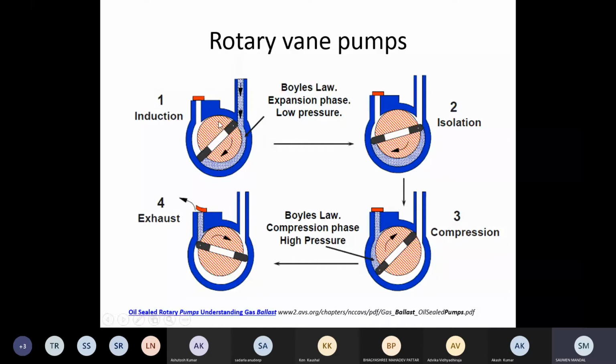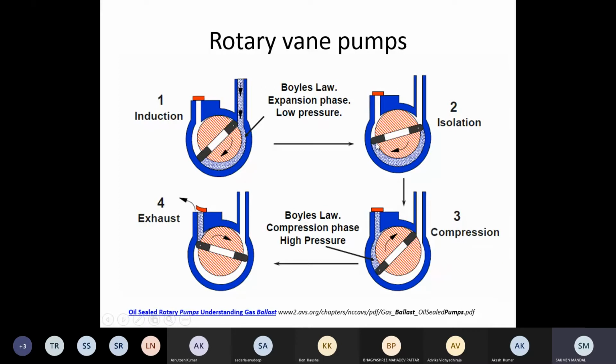When it's moving, this passage is connected to the chamber. So whatever the pressure is, say at room temperature and atmospheric pressure, the same pressure is there. Then in the next stage you see a confined area, and this area will be compressed and the outlet will be closed.